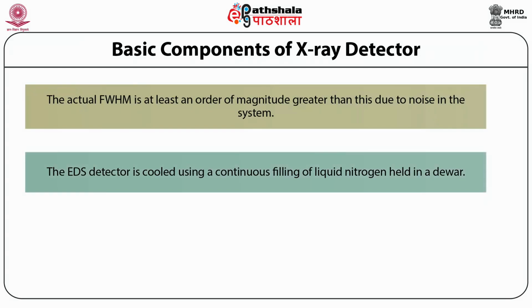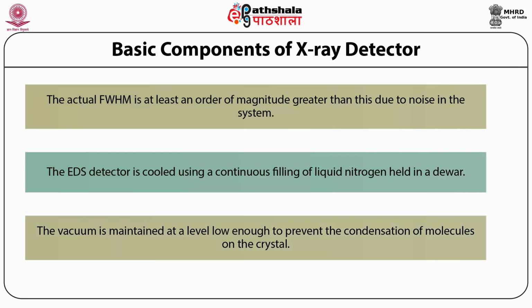The EDS detector is cooled using a continuous filling of liquid nitrogen held in a dewar. The vacuum is maintained at a level low enough to prevent the condensation of molecules on the crystal.